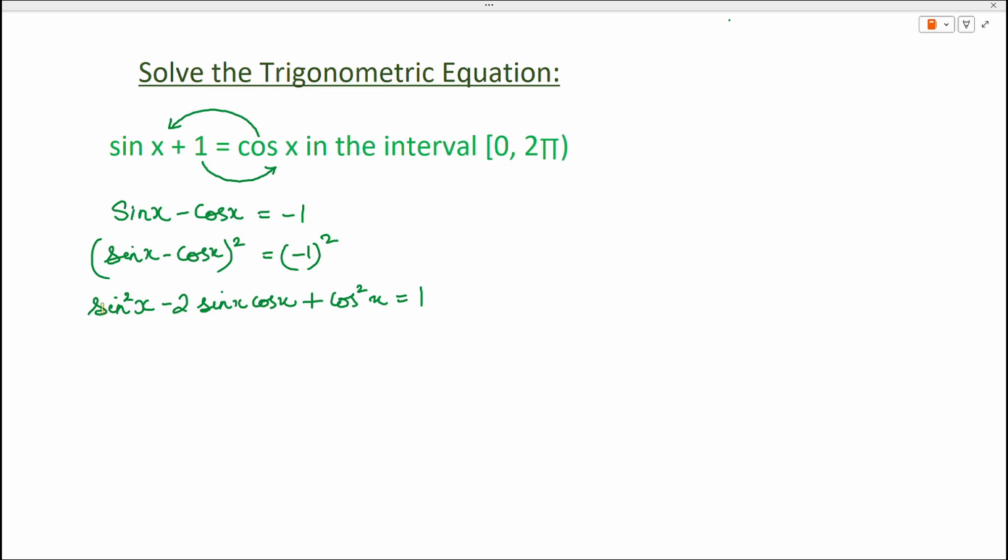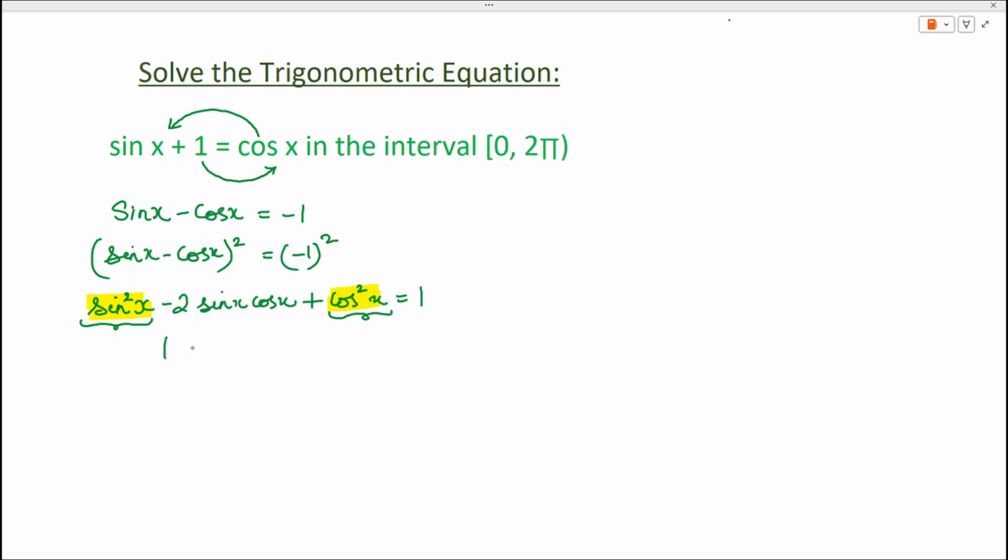Now you can see over here that we have sin squared x plus cos squared x, and this is the identity, which is sin squared x plus cos squared x is equal to 1. So instead of sin squared x plus cos squared x, we can replace it by 1.